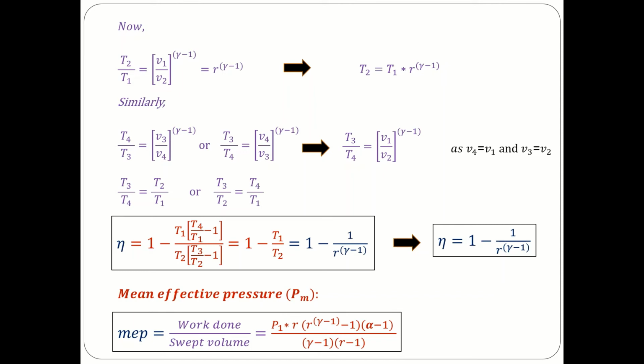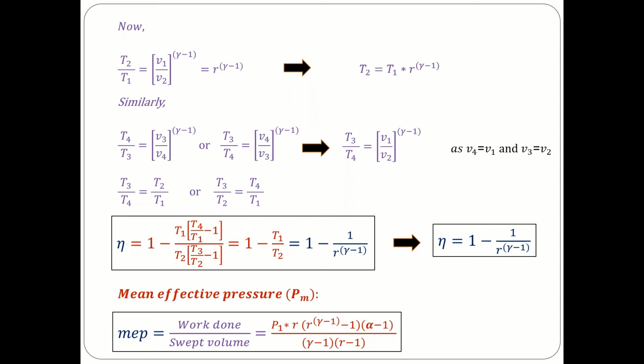So V1 divided by V2 gives us the compression ratio. And since all the gas laws are applicable in this cycle, you can have this relation between temperature and volume: T2 by T1 is equal to V1 by V2 raised to gamma minus 1, and V1 by V2, as I told you, is the compression ratio. So T2 in terms of T1 can be written as T2 equal to T1 into R raised to gamma minus 1.